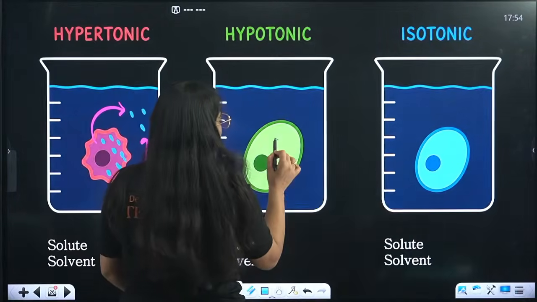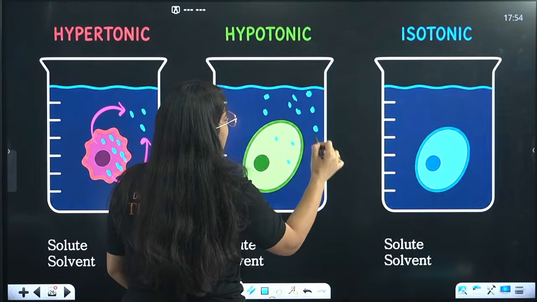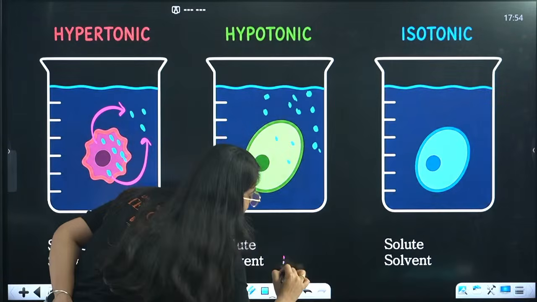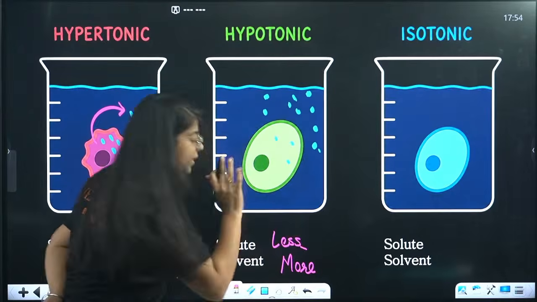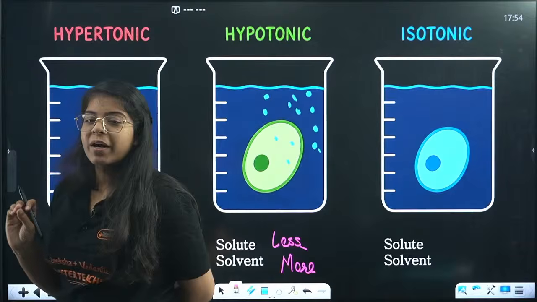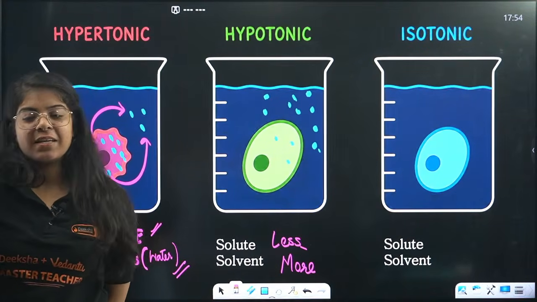Now water is a solvent, so solvent is more and solute is less. That's how you will remember, okay? In hypotonic, water is more outside, less inside, so water enters the cell making it swell up.